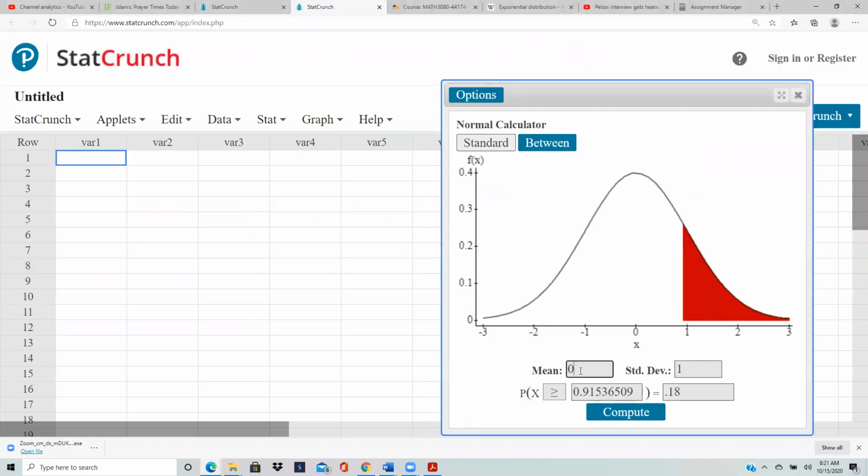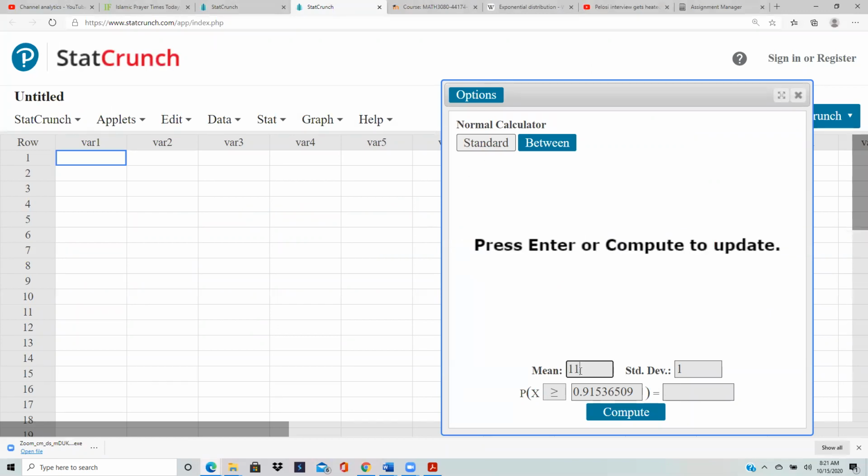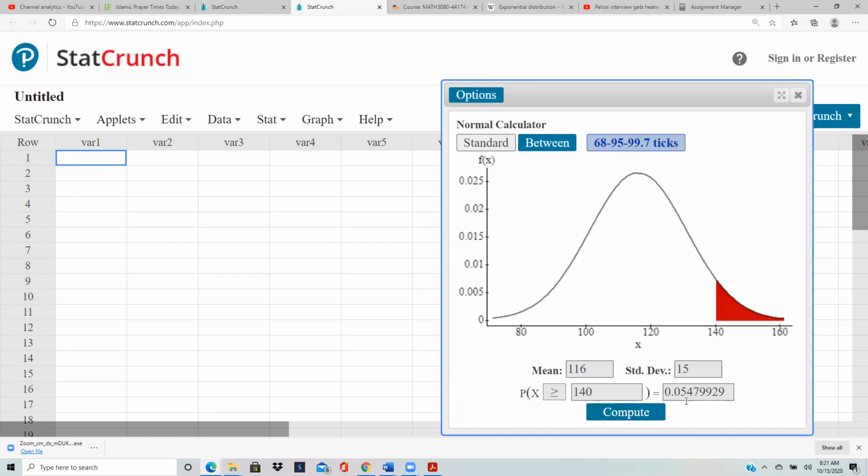That will be the high blood pressure percentage. So the proportion is 0.0548.